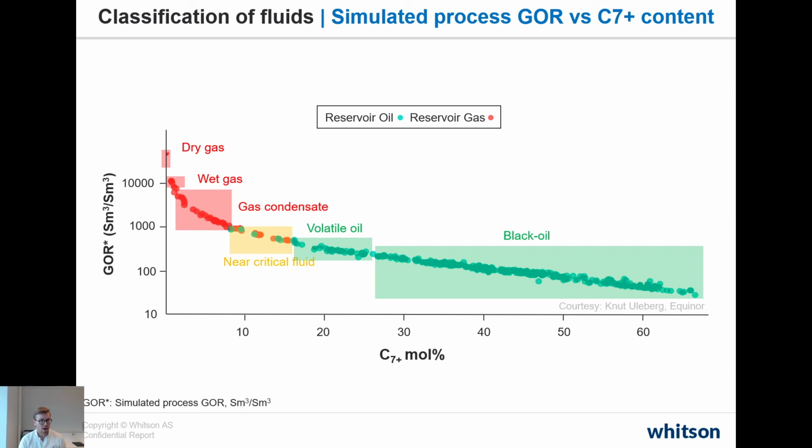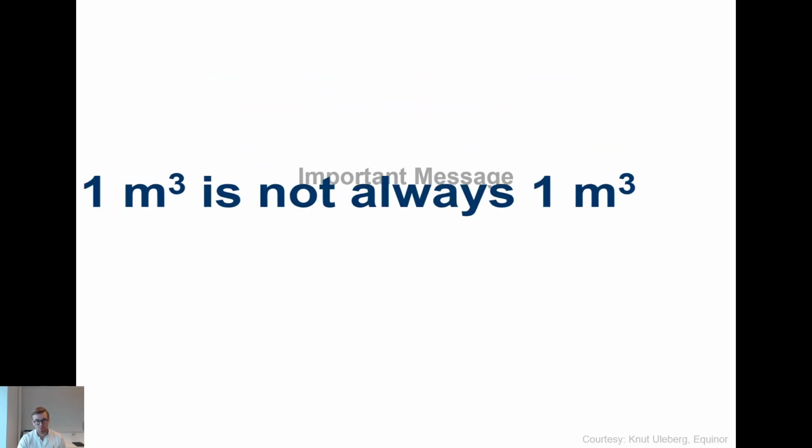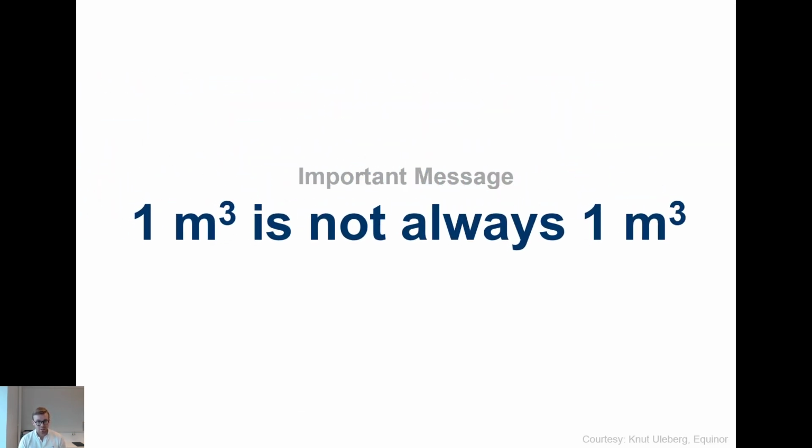So it depends on how many separator stages you were exposed to at surface, what type of facilities, the conditions of those different facility units, etc. That's very important to note here, and you'll hear it many times throughout the course, and that's why we have this message that 1 meter cube is not always 1 meter cube.